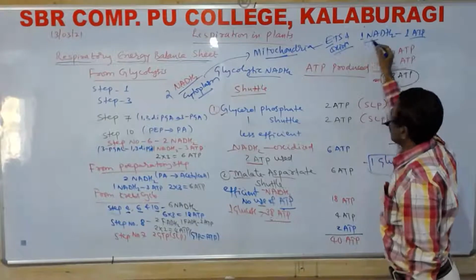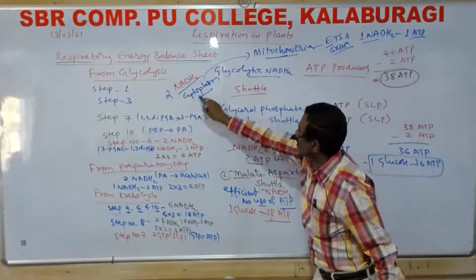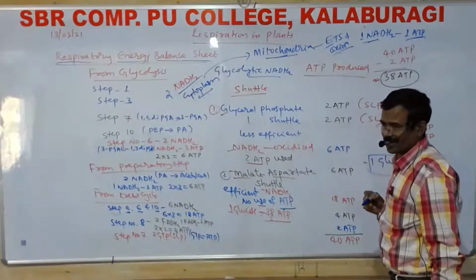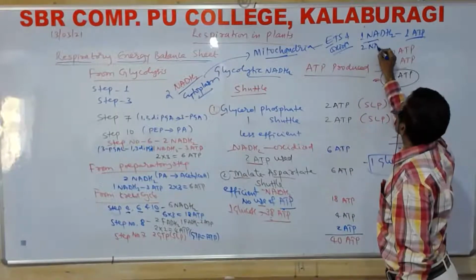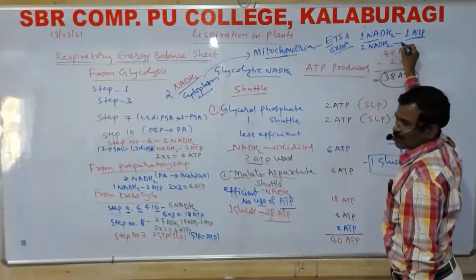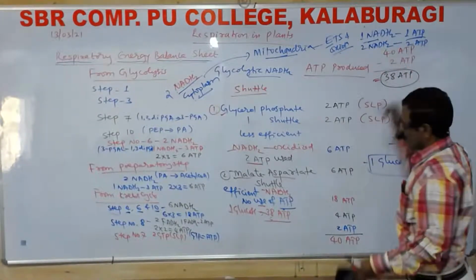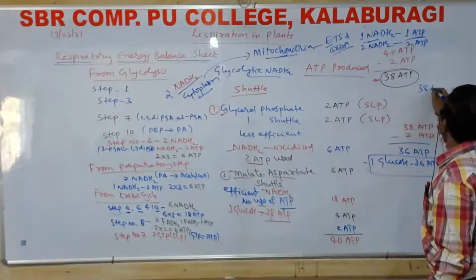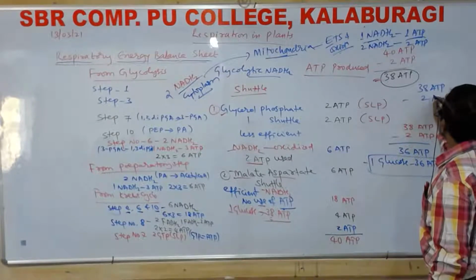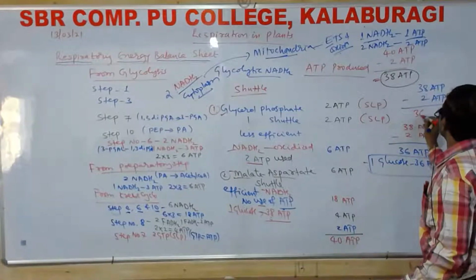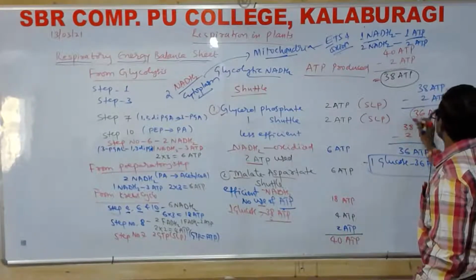For transport of one NADH2 from cytoplasm to mitochondria, one ATP is used. How many NADH2 are there? Two. So it makes use of 2 ATP. 38 ATP minus 2 ATP, then 36 ATP from 1 glucose.